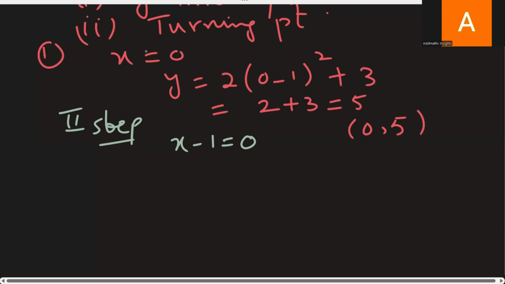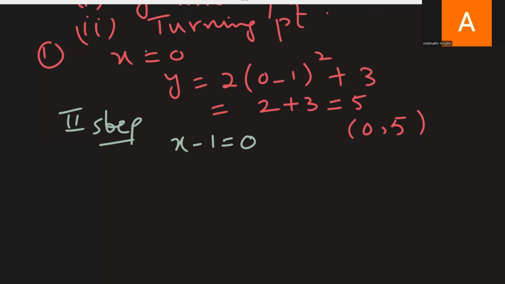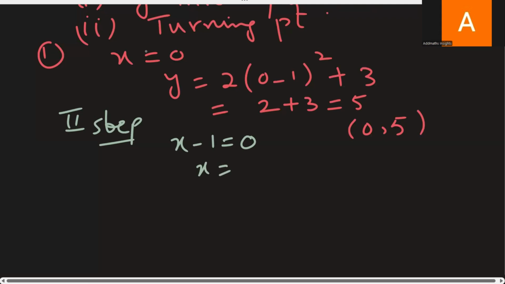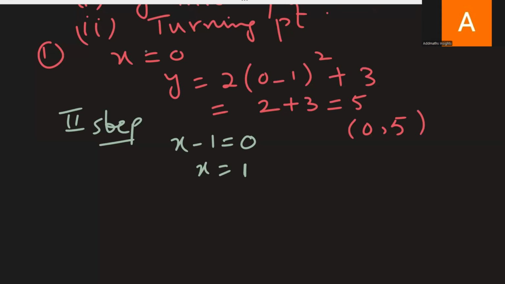This is a square, so it will always be positive. So you write x equals, we take this 1 to the other side, it will be positive. So the answer is x equals 1. And when you substitute this value in the original equation, the value of y is 3.